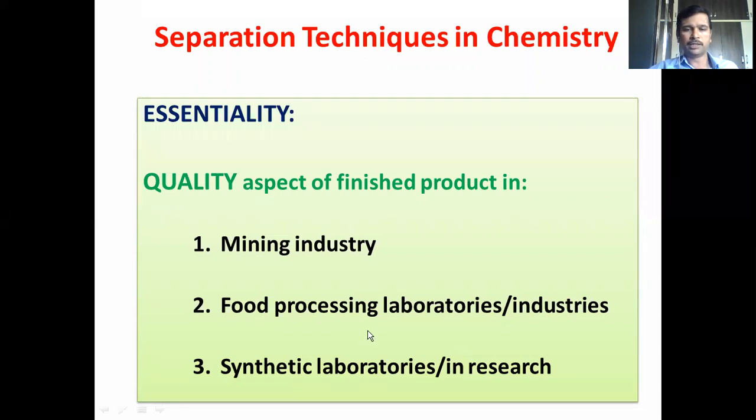So that is the quality. Even in synthetic laboratories or in research laboratories, the quality aspect is very, very essential. Why? Because the final results, what we are going to produce in a laboratory or in a research laboratory, are very, very important to express with accuracy and precision.